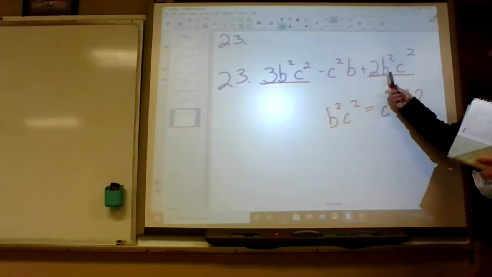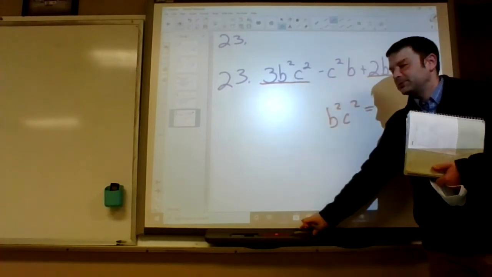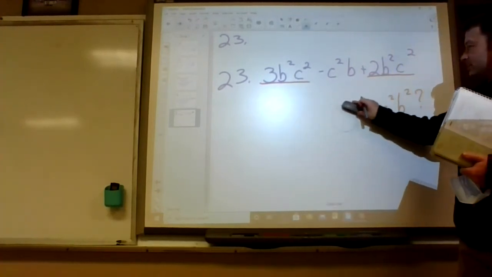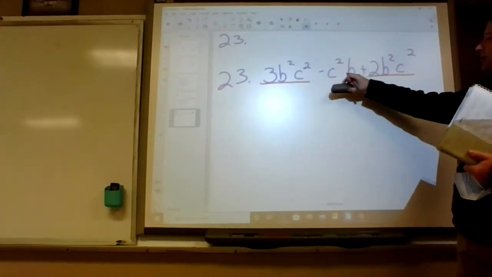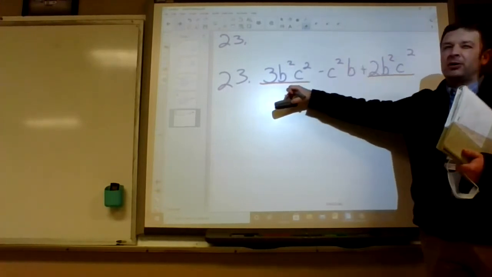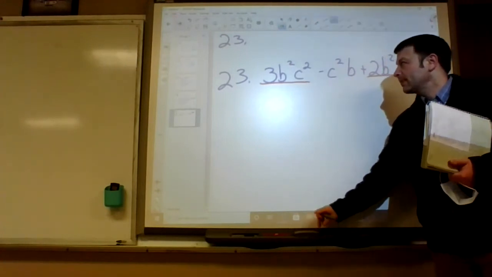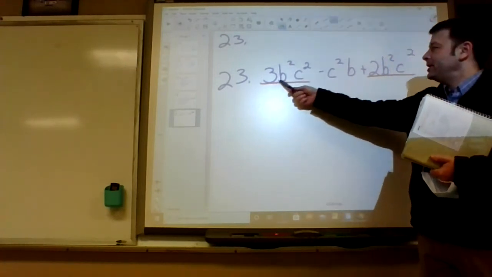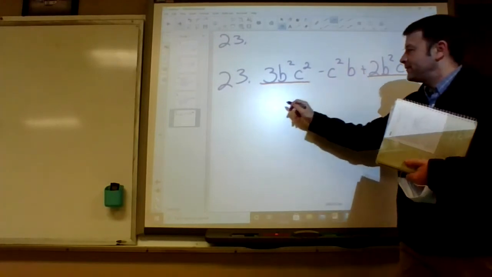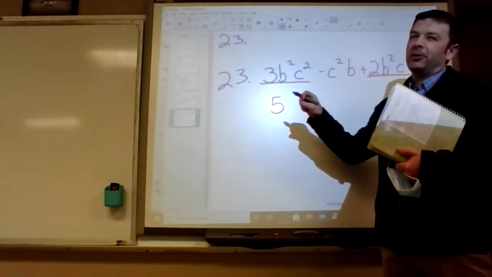The order of the letters doesn't matter, just because order of multiplication doesn't matter, right? It doesn't change anything. If that had been a b squared right there, they would have all been like terms. So it's pretty much 5. 3 plus 2 is 5. 5 what though? Here's where we're going to get it wrong probably.